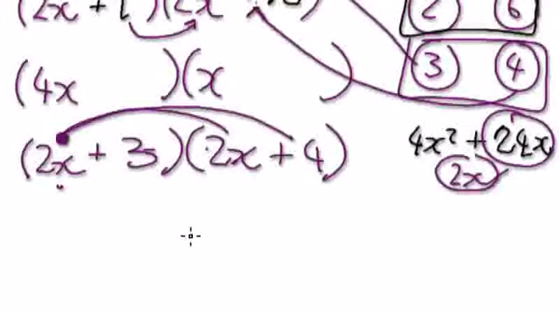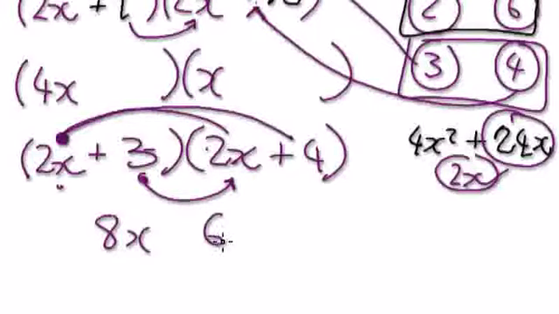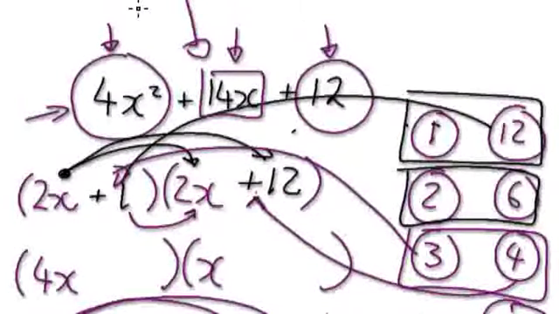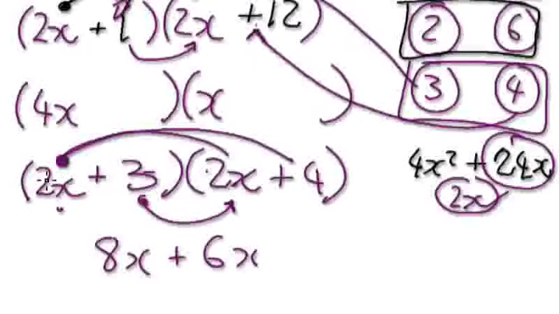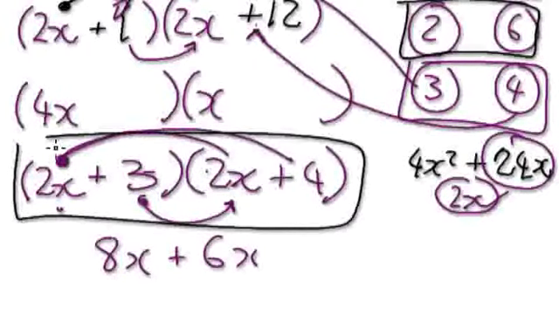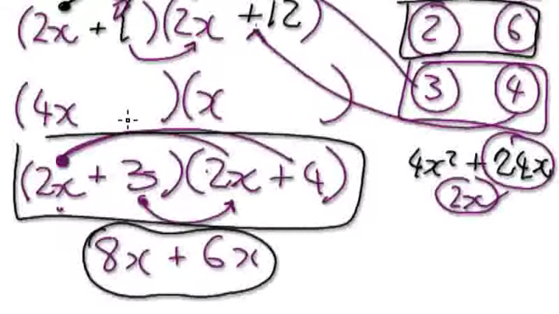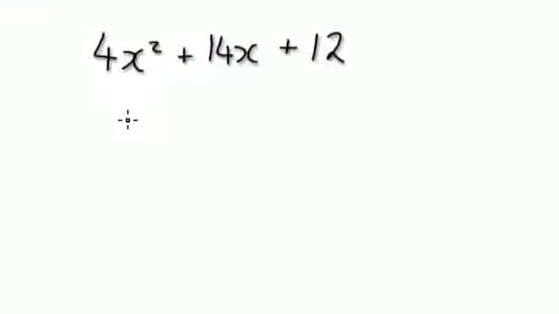So this times this here will give us 8x, and then this times this here would give us 6x. When you add the two together, it will give you 14x. So this will be your answer here, because when you multiply this out, it will give you 14x. As it turns out, there are several ways of factorizing this, but that was one of them.